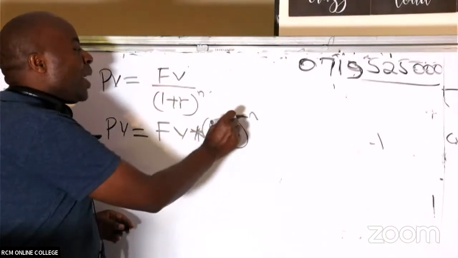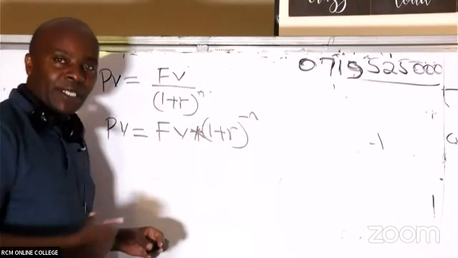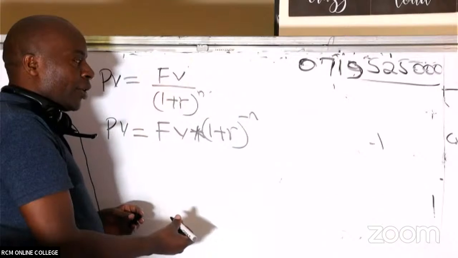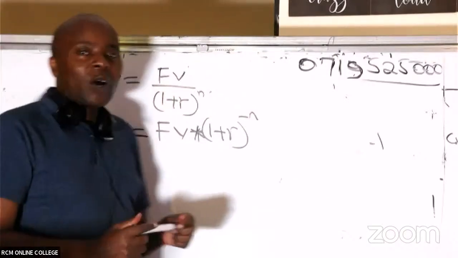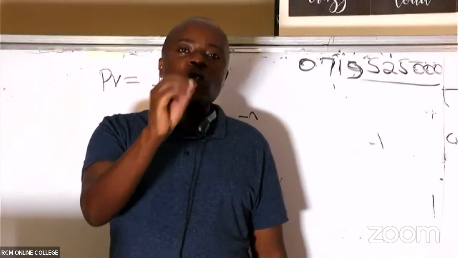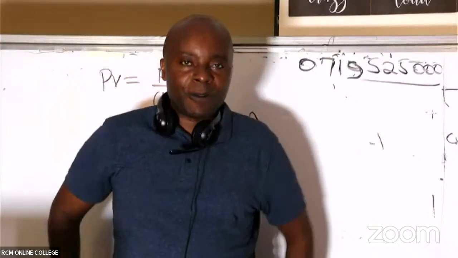This negative means, ladies and gentlemen, that I'm moving backwards. It means that I'm subtracting here. I'm getting a discount. So, to discount is to ascertain present values from future values.